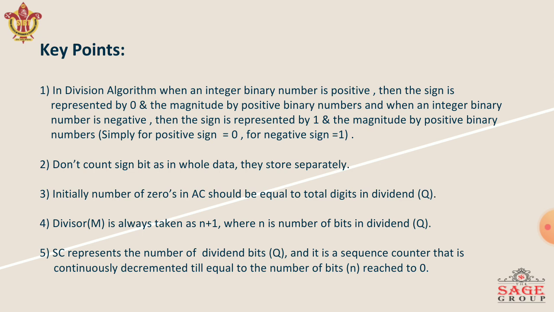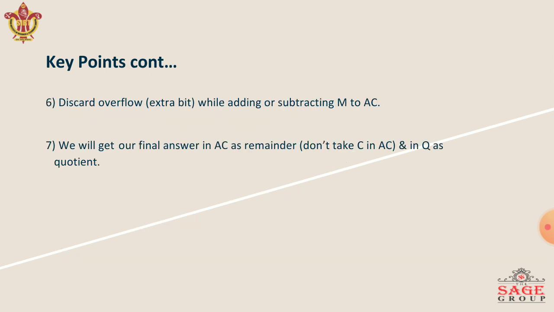Point number 3, initially the number of 0s in AC should be equal to the total digits in dividend, that is Q. Key point number 4, divisor M is always taken as n plus 1 bits, where n is the number of bits in dividend Q. Key point 5, SC sequence counter represents the number of dividend bits Q, and it is continuously decremented till the count reaches 0.